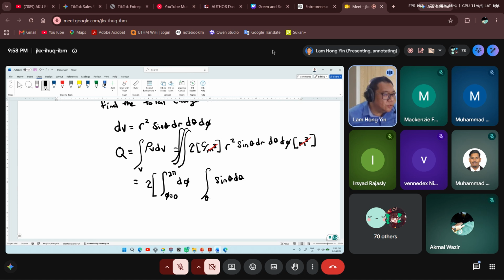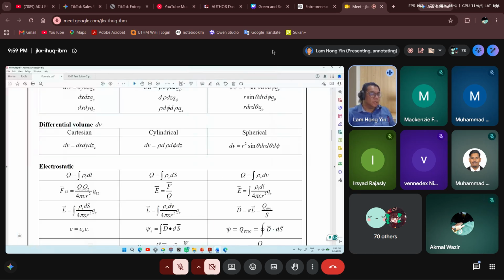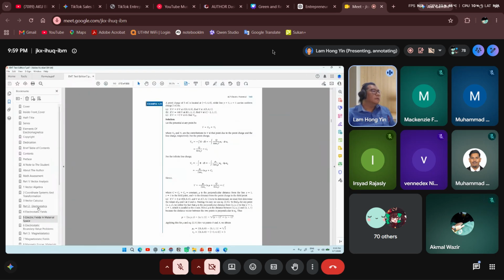So your theta will go from 0 to pi. How do I know my theta is 0 to pi? Because I mentioned to you just now that in the spherical coordinate system, there are limits, which I can show you in the textbook over here.